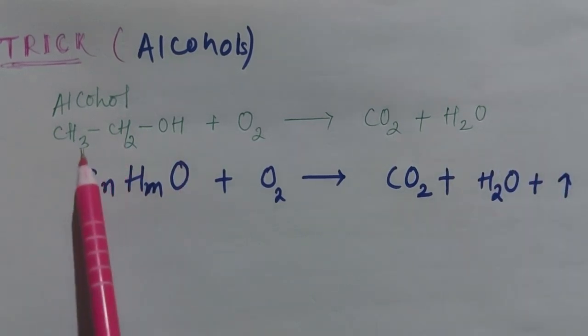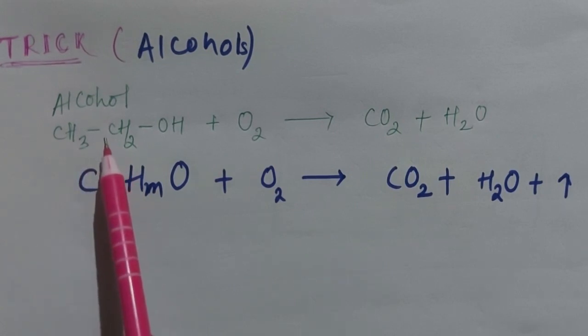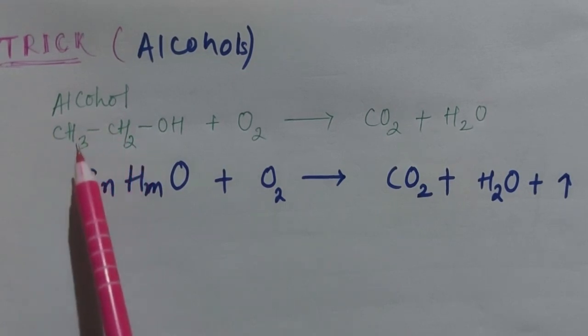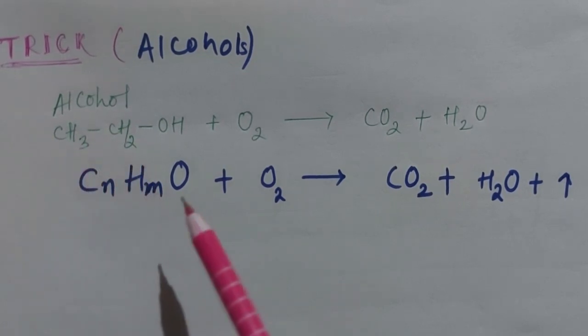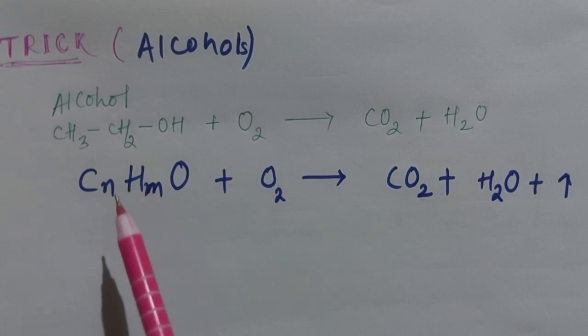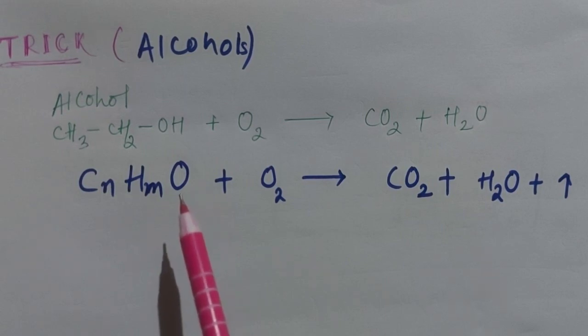Okay. So these alcohols may be saturated or unsaturated. In unsaturated, a double bond or triple bond may be present, and for saturated only single bonds are present. So I will tell about the trick which is applicable for saturated and also unsaturated. That is one trick for all.